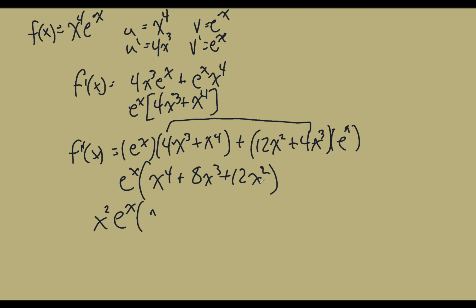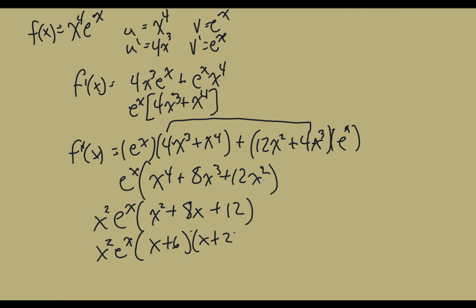That would be x squared plus 8x plus 12. Heck, I can factor that too. That's going to be x plus 6 times x plus 2. And this is going to be our double derivative.